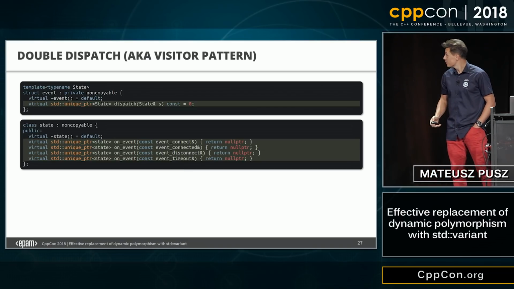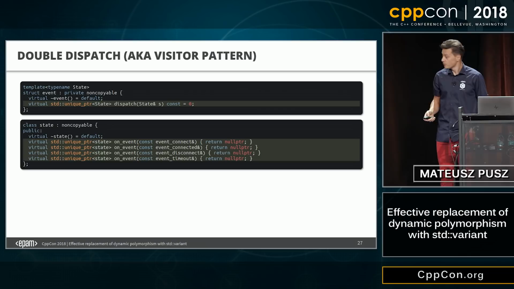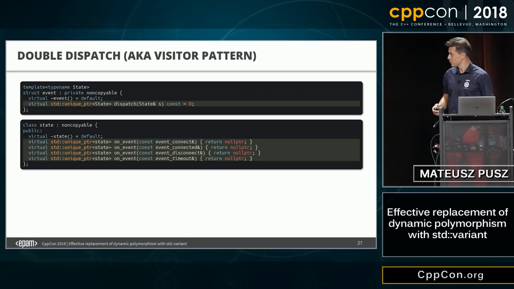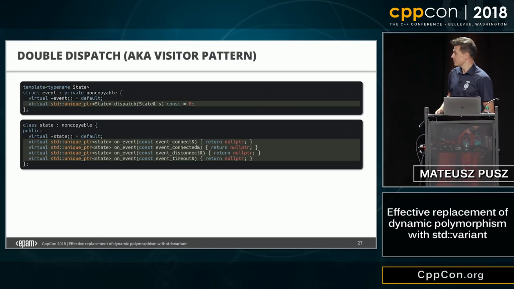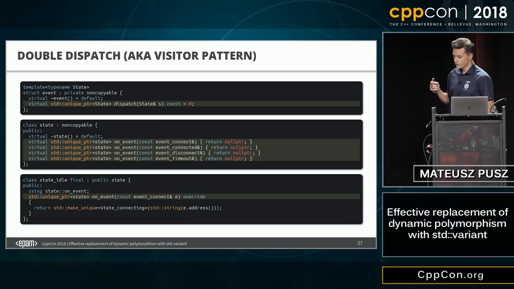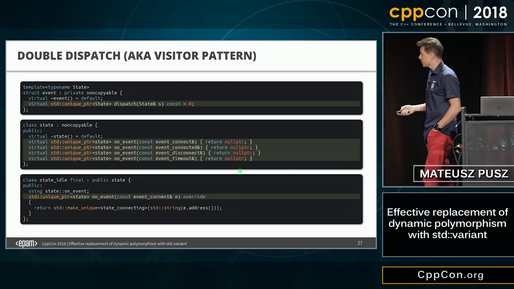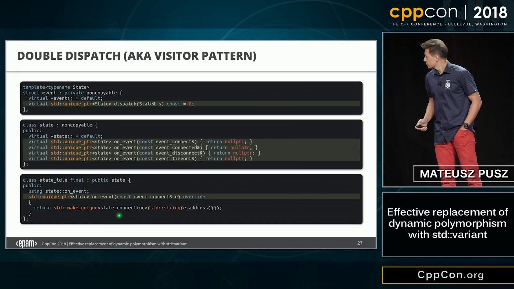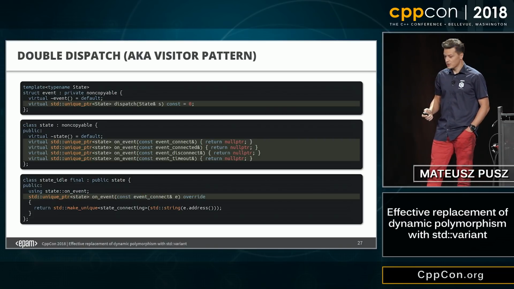And all of them are virtual functions. By default, I assume that we are not changing the state for them. It's a null pointer, so the Finite State Machine will stay in the same state for each of those events. And this is how we implement, for example, state idle for one of the child classes.